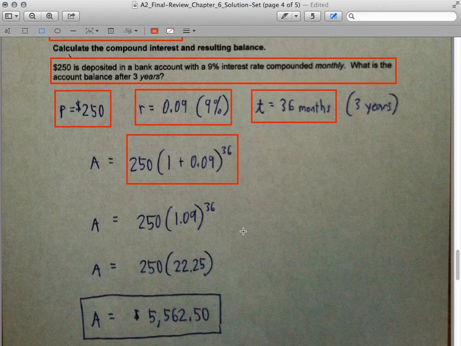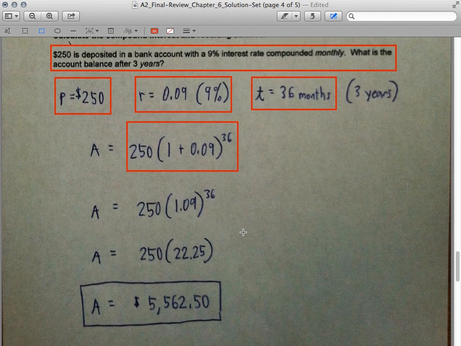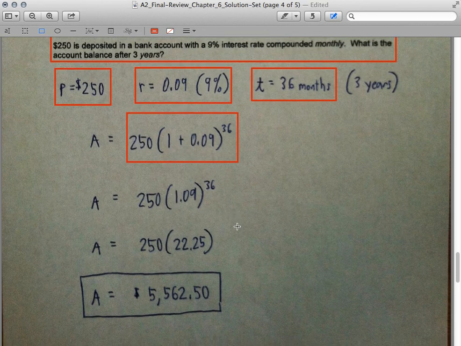Again, we are using our order of operations, PEMDAS. So we are simplifying our parentheses first. 1 plus 0.09, 1.09. Now we are going to exponents, parentheses, and then exponents. So we want to raise 1.09 to the 36th power first before we multiply by our principal amount. That is a common mistake.